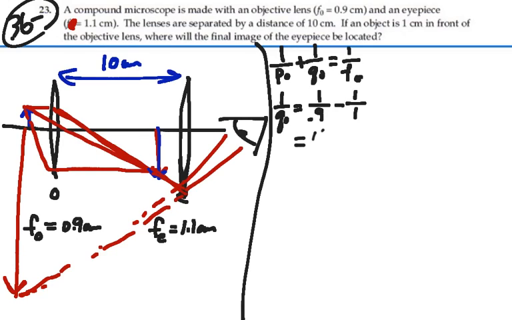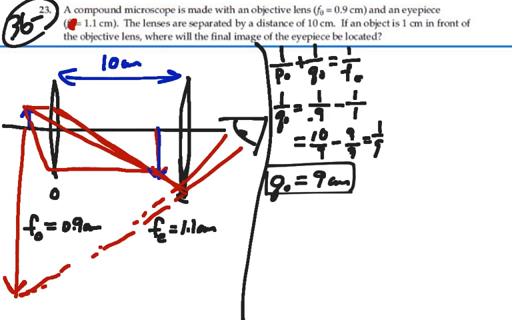So this is going to be equal to 10 ninths minus 9 ninths, or 1 ninth. So the image distance will be equal to 9 centimeters for the objective lens. So the image is indeed located 9 centimeters away from the objective lens.